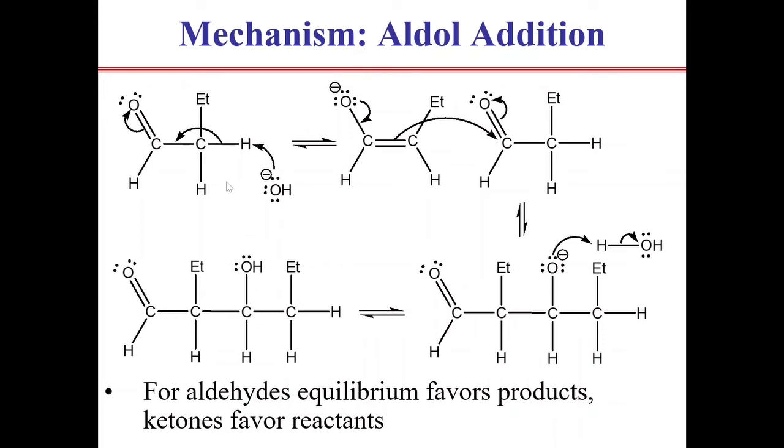We added two aldehydes together, so that's where we get the term aldehyde alcohol addition or aldol addition. If you have aldehydes in this reaction, then equilibrium would favor the formation of the aldol. If you have ketones, then equilibrium doesn't favor the formation of the ketol product, and so that's why we typically run these reactions with aldehydes.